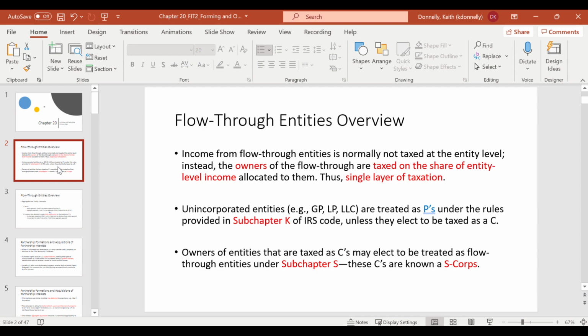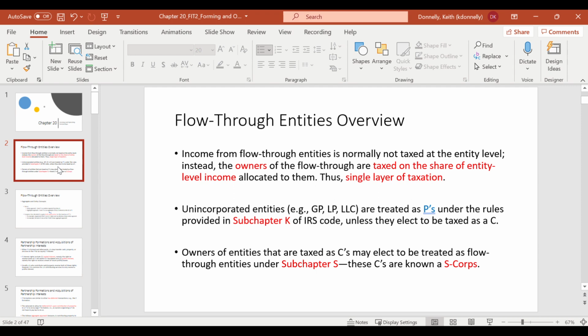Alternatively, if you wanted to be a legal partnership, you could choose to be taxed as a corporation. That's a possibility if you check the box to do that. Likewise, after you check the box to be a corporation, and assuming you qualify, you could then elect to be taxed as an S Corp, which is a type of flow-through entity.